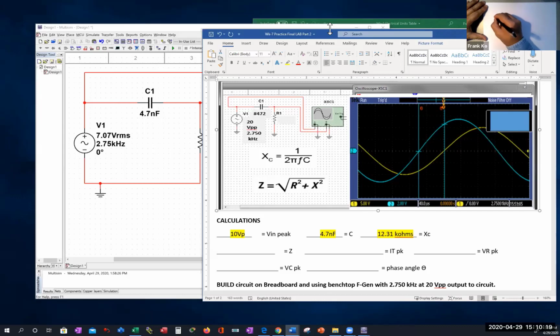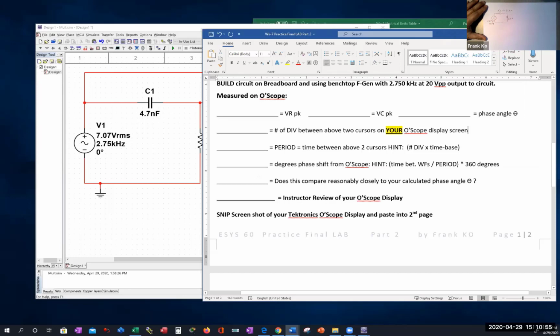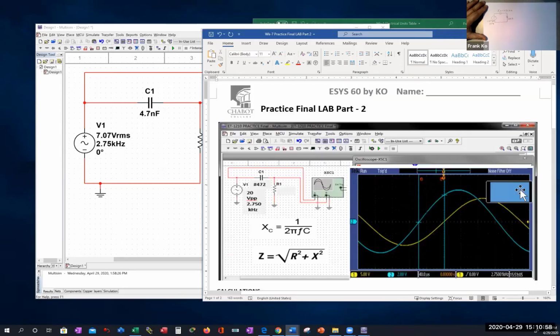So we happen to have a circuit, a capacitor, and a resistor, and this is given as 6 kilo ohms. My X sub C is given as 12.31 kilo ohms, and my voltage is given as 7.07 VRMS, which is the same as a 10 volt peak. All right, that's good. So let's go ahead and do this.